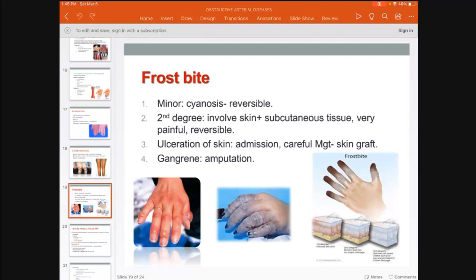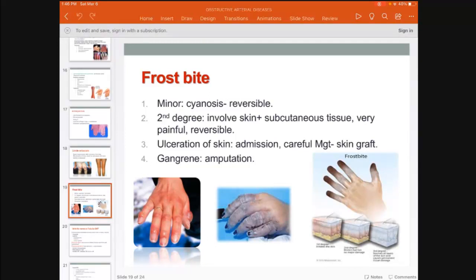Either it starts as a minor one, with only cyanosis, reversible by warming that limb, like in primary Raynaud. When there is more exposure to coldness, it leads to the second degree, which involves skin and subcutaneous tissue.